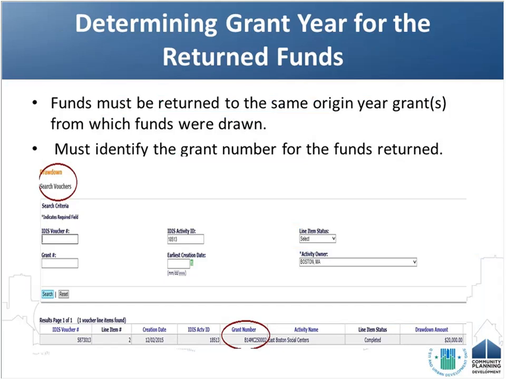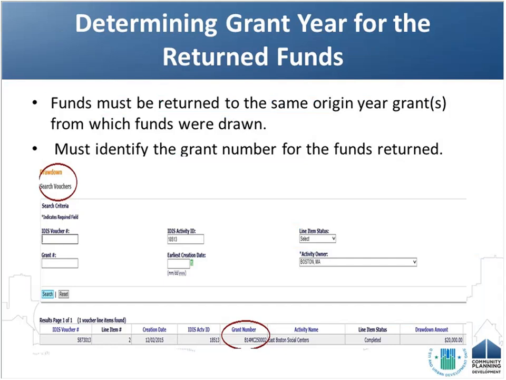The grantee needs to make sure the funds returned apply to the funds that were originally drawn. So you need to identify the grant number for the funds to be returned. To find out where the funds were originally drawn, you go to the search voucher screen.